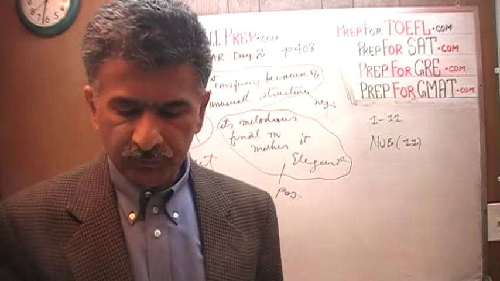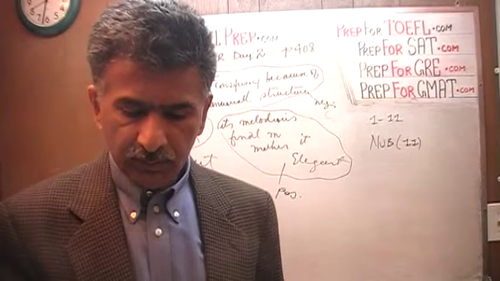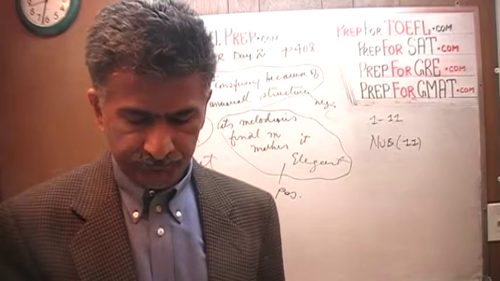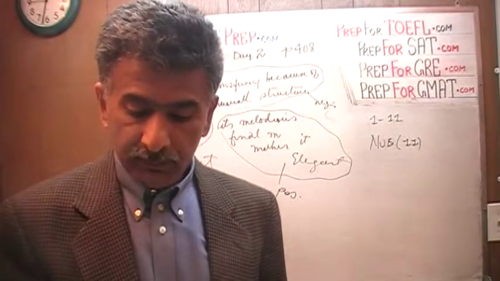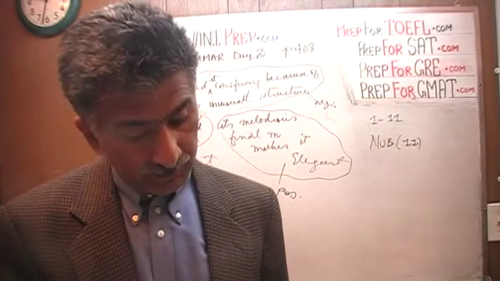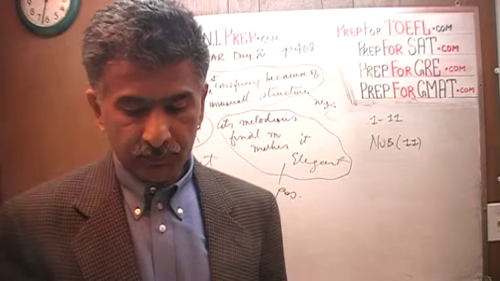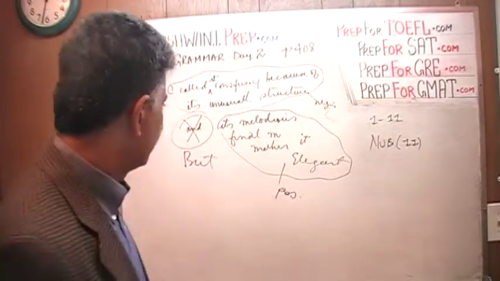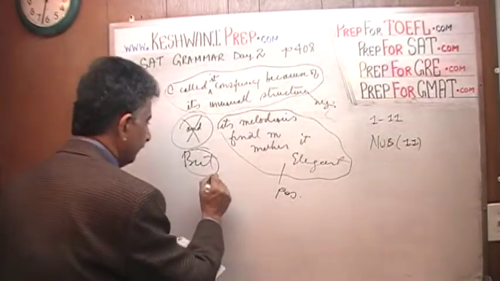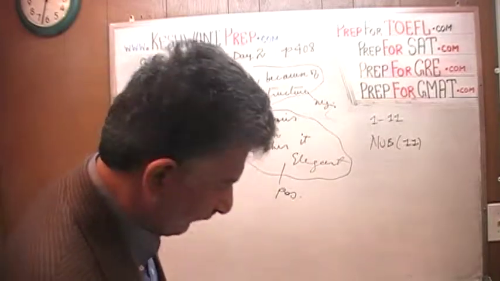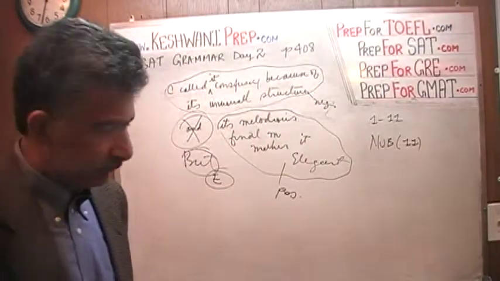A review of the composer's new symphony called it confusing because of its unusual structure, but elegant. So they call it confusing but elegant. So the reviewer called it confusing but elegant because of its melodious final structure. There you go. The answer is E. Number 10, shall we?